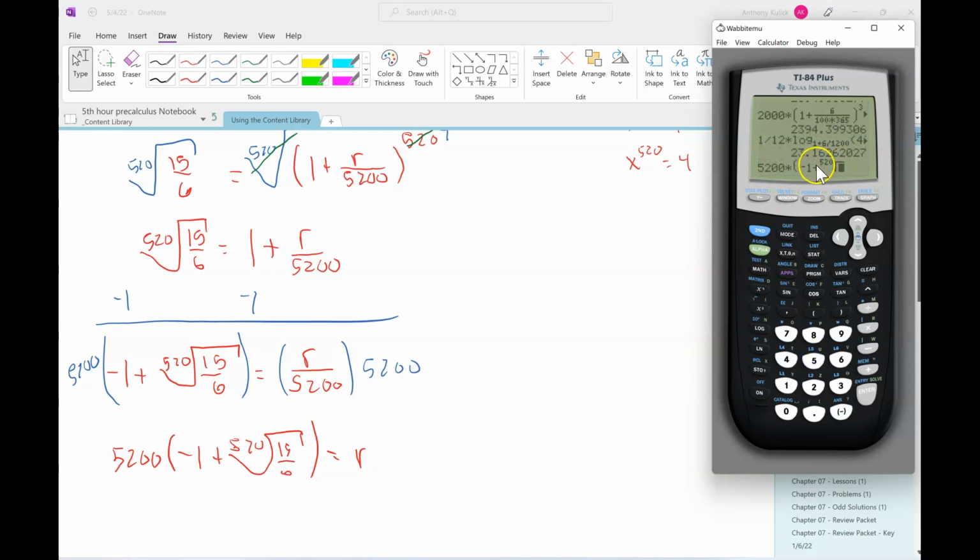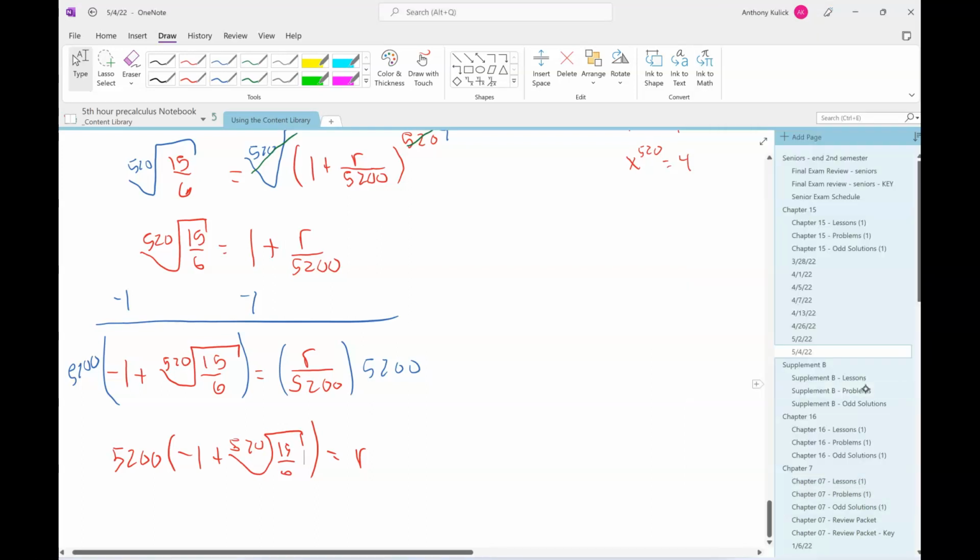So that's automatically moved the 520 into the index. If you had gone to math option 5 first, it would have just put a little blank there that you type in the 520 yourself. Either order is fine. And then I have 15 divided by 6 underneath the radical. Close my parentheses and press enter. So I need about a 9.17%.